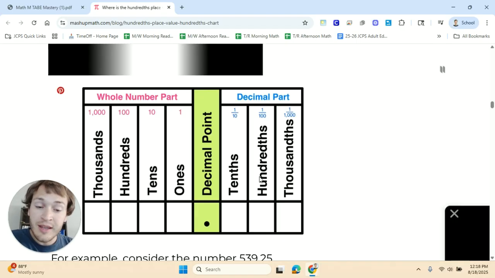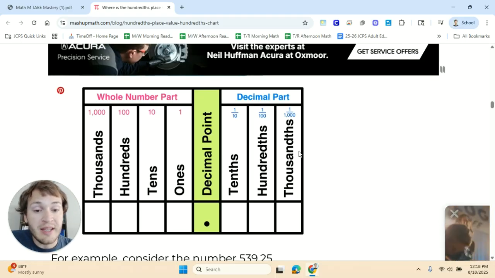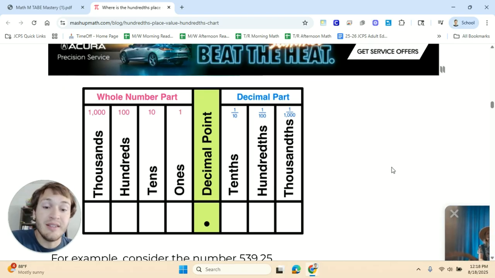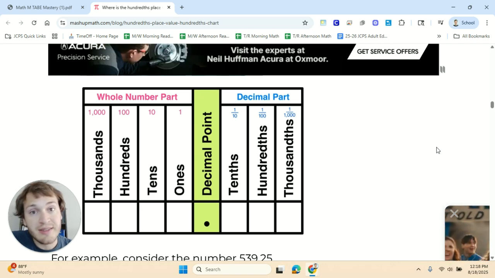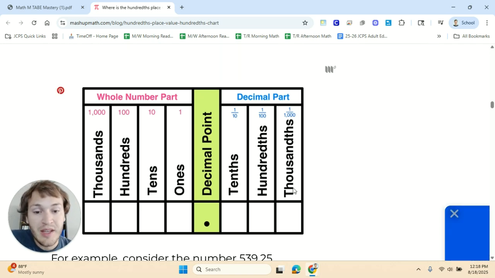The second place value to the right of our decimal point is the hundredths, and then we have the thousandths. After the thousandths, we get the ten-thousandths, the hundred-thousandths, and then the millionths. And then we get the ten-millionths, hundred-millionths, billionths, and so on and so forth.